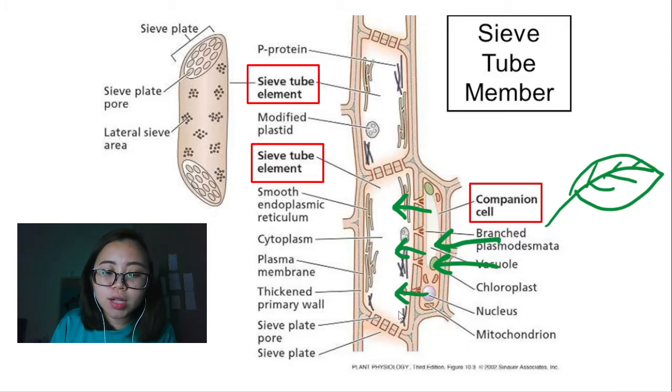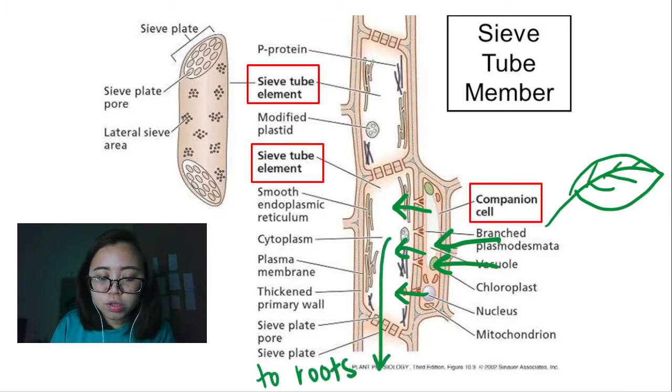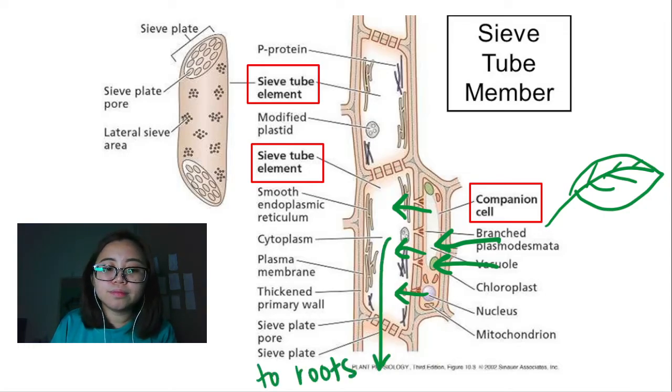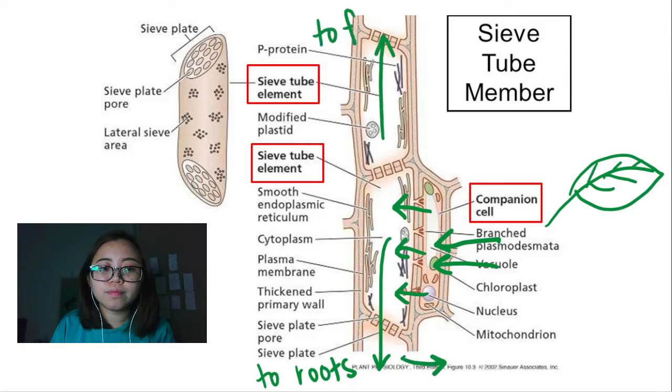Bila dia sudah masuk dalam sieve tube, dia akan pergi kepada, sama ada pergi kepada akar, to the roots, ataupun pergi kepada buah. Kalau ini pokok yang berbuah lah, dan dia akan pergi kepada buah. To the fruits.